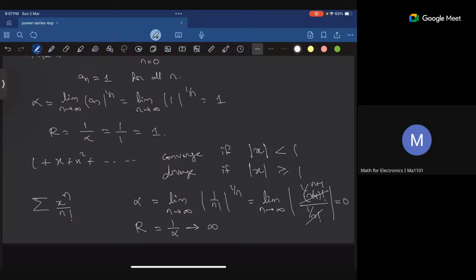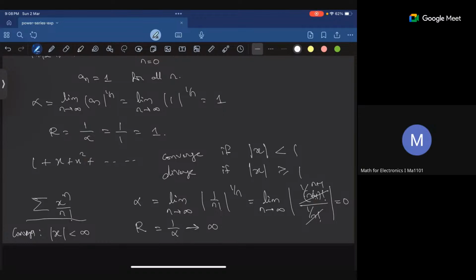R infinity tells us that this converges when mod x is less than infinity. We all know x is a real number, so it will definitely be less than infinity. So what does this say?